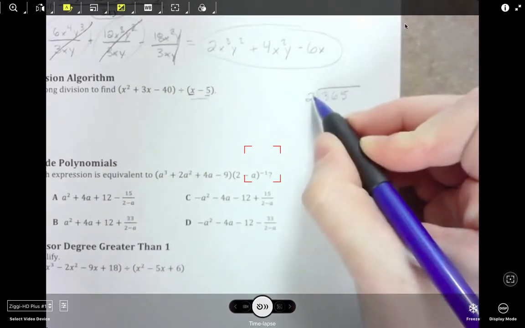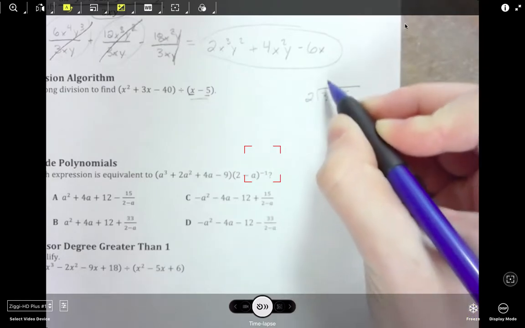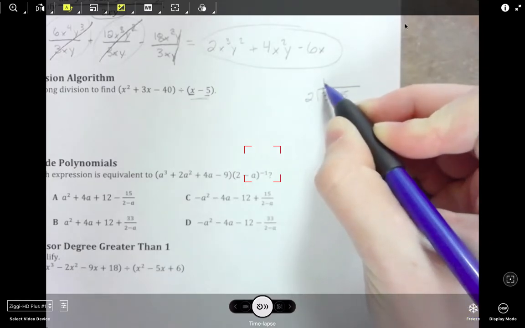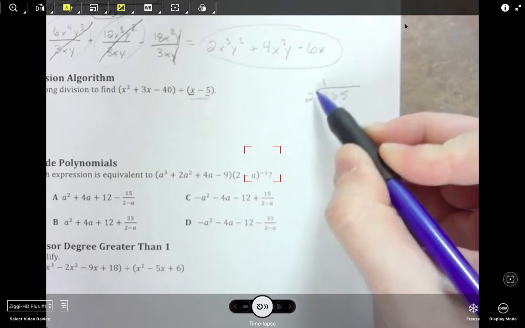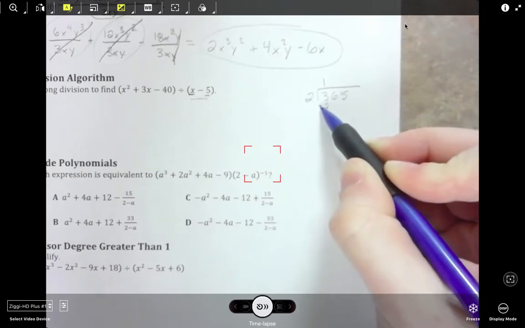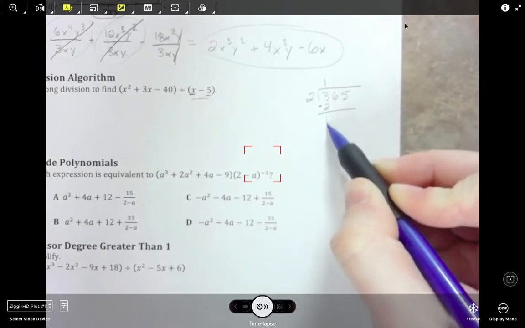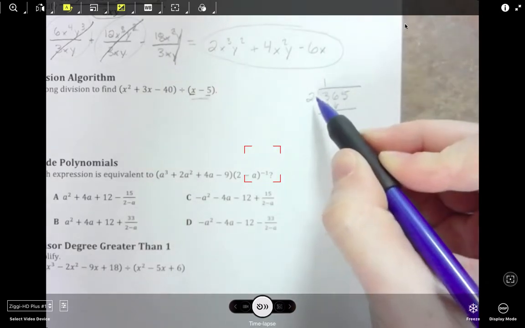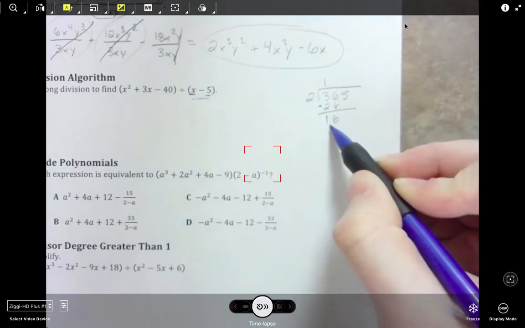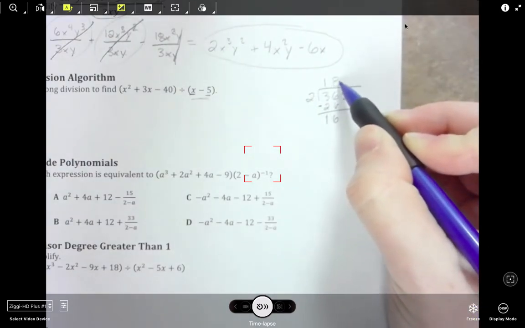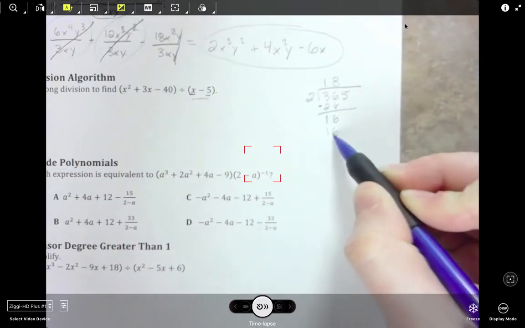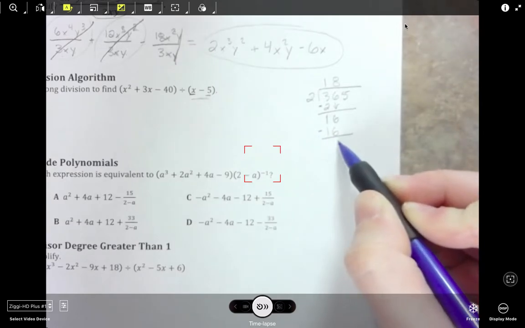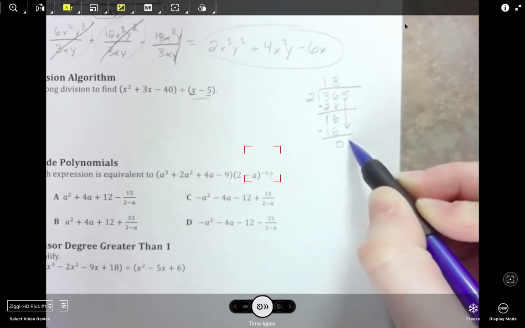I would say, how many times does 2 go into 3? It goes in there once, and then I would multiply it back. So 1 times 2 gives me 2, and then I would subtract the 2, and I would get 1 down here. And then I would drop the 6 down, and I would say, how many times does 2 go into 16? It goes in there 8 times. 8 times 2 gives me 16. And I subtract that, and that gives me 0, and I drop the 5 down.